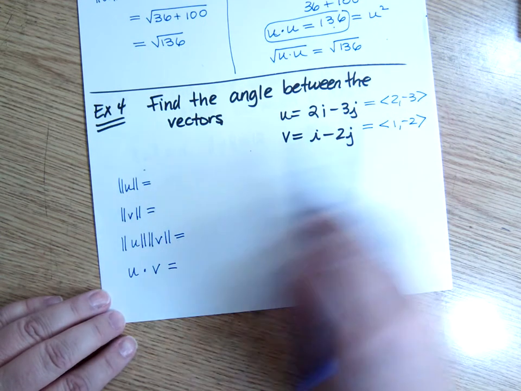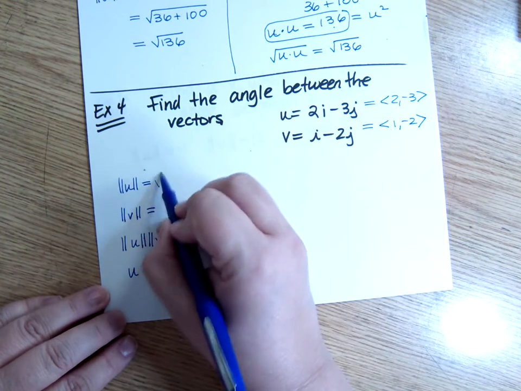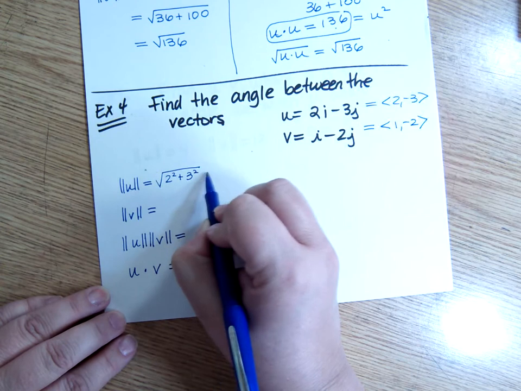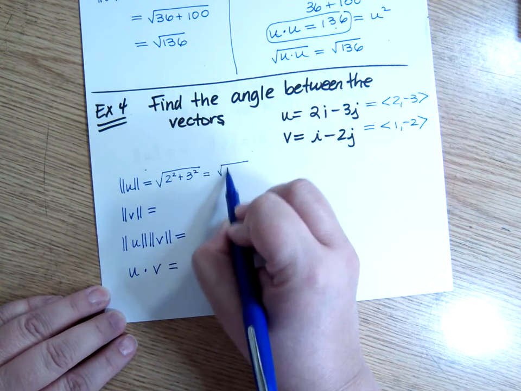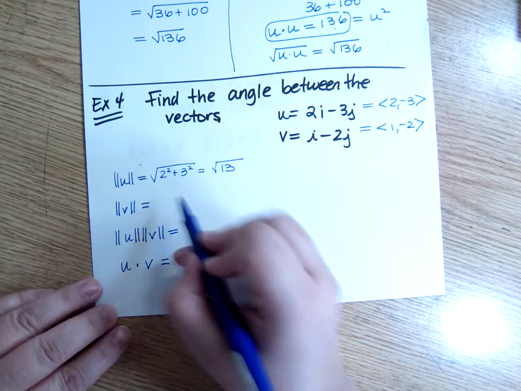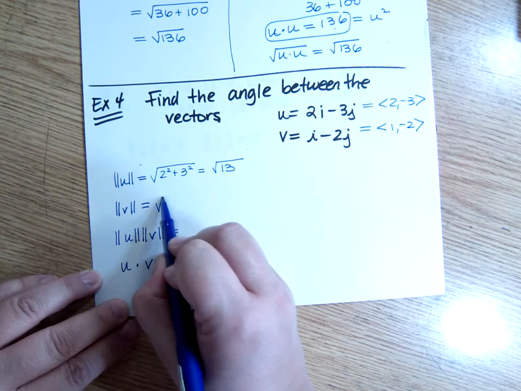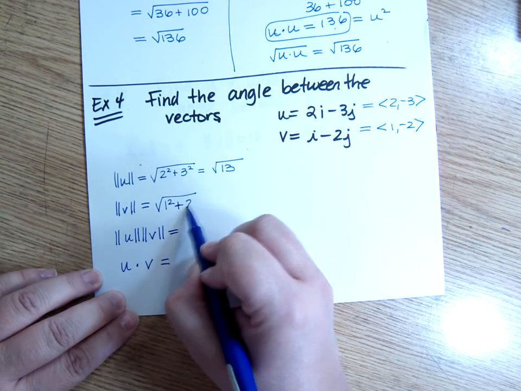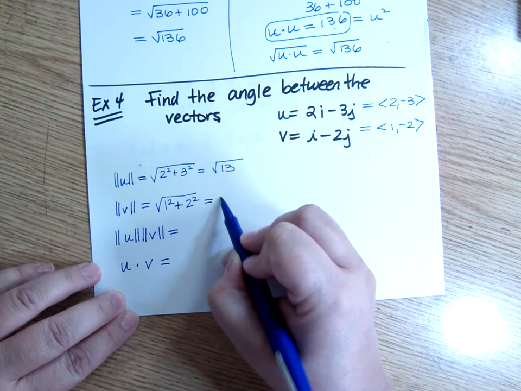Magnitude of u is the square root of 2 squared plus negative 3 squared, which is the same as 3 squared. 4 plus 9, square root of 13. Magnitude of v, square root of 1 squared plus negative 2 squared, and that's 1 plus 4, square root of 5.